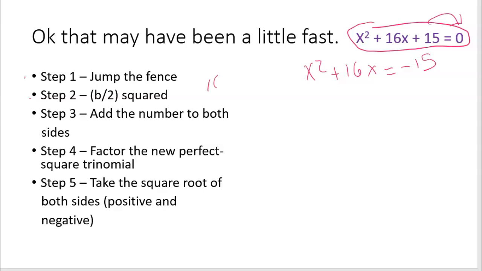So we have 16 divided by 2 squared. 16 divided by 2 is 8 squared. 8 squared is 64. So now we're going to add 64 to both sides. X squared plus 16x plus 64 equals, what's negative 15 plus 64?